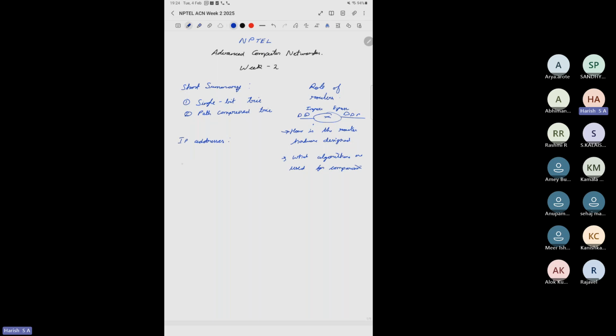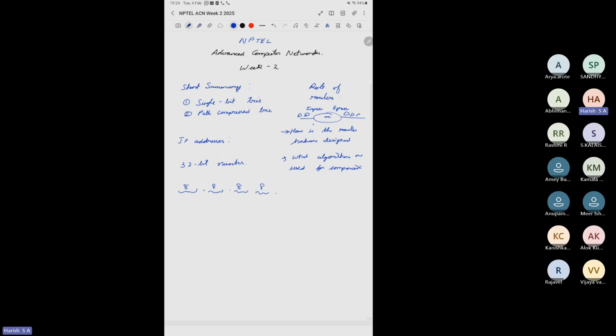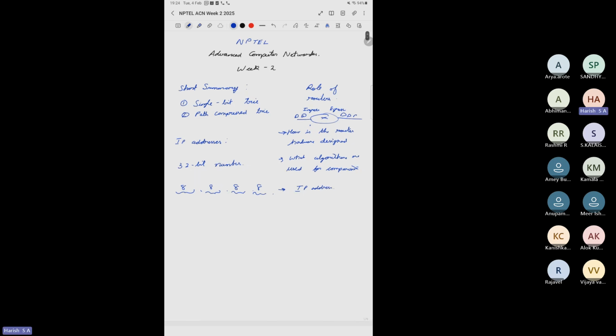It's basically a 32-bit number which is divided as 8 bits dot 8 bits dot 8 bits dot 8 bits. So every packet that comes to the ingress interface will have an IP address. Let's say a packet looks like this. Now this will have a source IP and a destination IP.